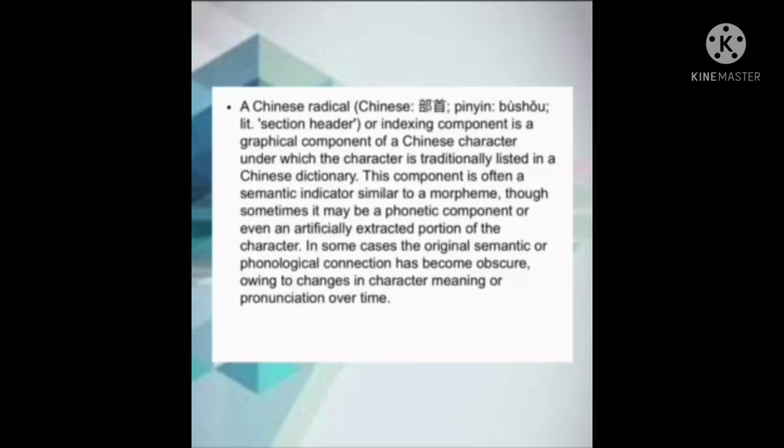This component is often a semantic indicator similar to a morpheme, though sometimes it may be a phonetic component or even an artificially extracted portion of the character. In some cases, the original semantic or phonological connection has become obscure owing to change in character meaning or pronunciation over time.